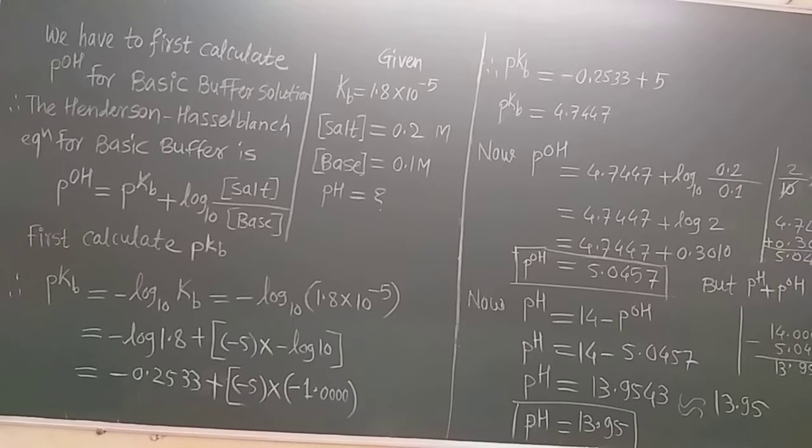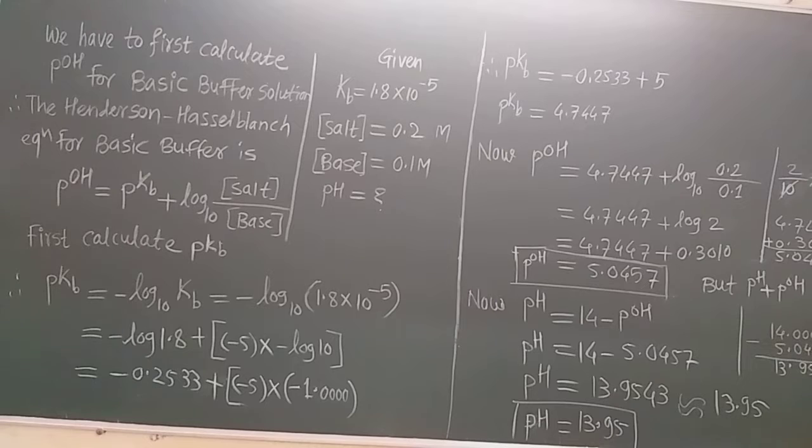Now the log of 1.8 is 0.2533. Characteristic is 0, and as there is a minus sign, so minus 0.2533. Now this power minus 5 into log of 10, that is, the minus log of 10 is minus 1.000. So after multiplication of minus 5 into minus 1, it becomes plus 5.